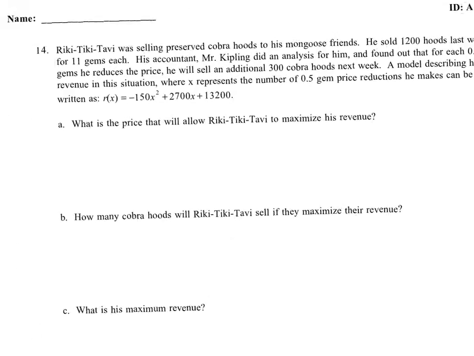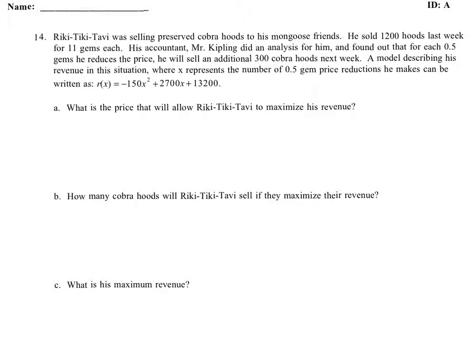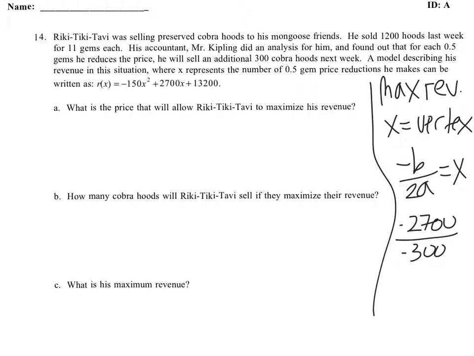Here's another revenue problem. This one's about Rikki-Tikki-Tavi selling Cobra hoods to his mongoose friends. Just like the one we just did, we're going to kind of do a side problem here. We're trying to maximize revenue, and that's going to be when x is at a vertex. So we're going to do negative b over 2a is equal to x, and that's going to be negative 2,700 over negative 300, and I get that x is equal to 9.